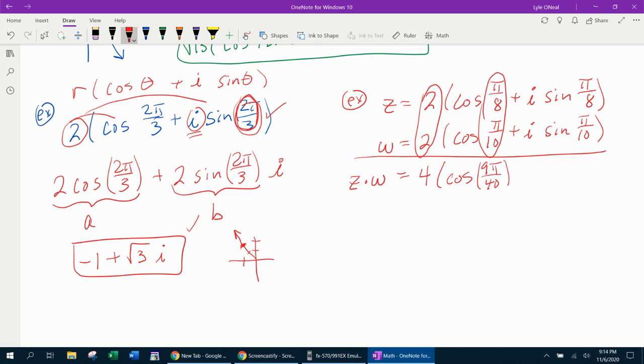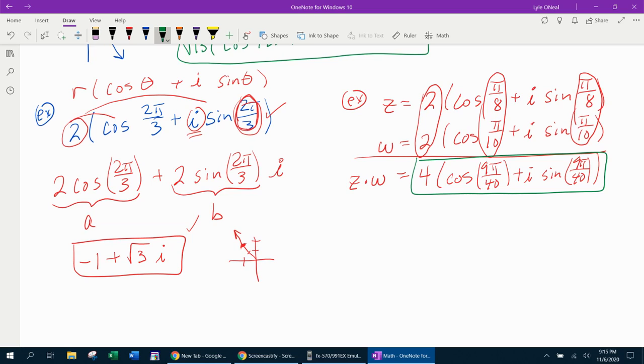And the cool thing about this is I only have to do that one time because these are going to add and make the same value. Bam. Hey, and guess what? We're going to put a box around that because we're done. That is the product of the complex numbers in polar form.